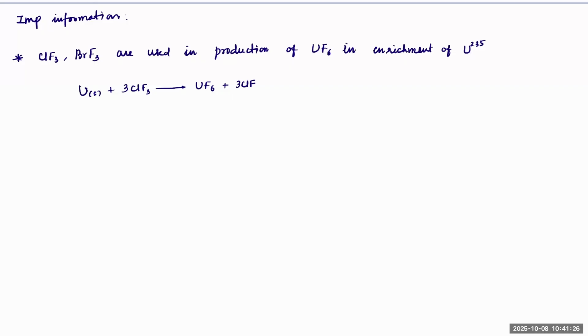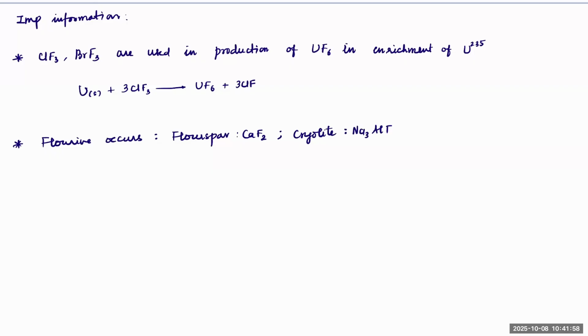Next, the other important information that we need to know is about fluorine. Fluorine occurs in various forms. One is fluorspar, which is CaF2. Next is cryolite, Na3AlF6.